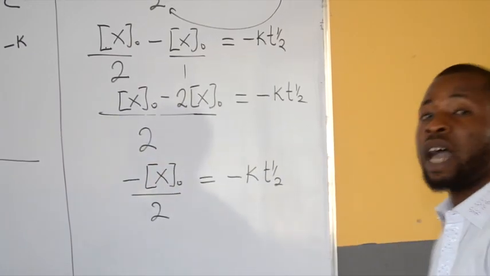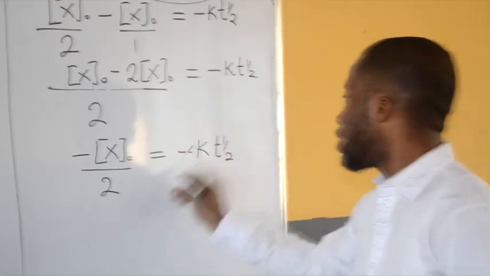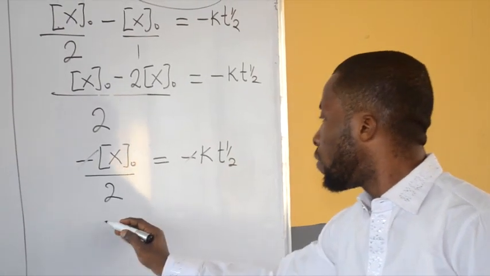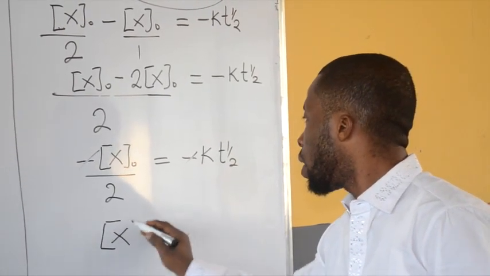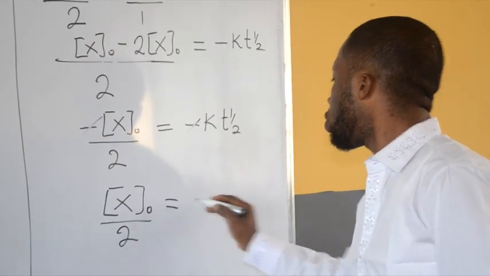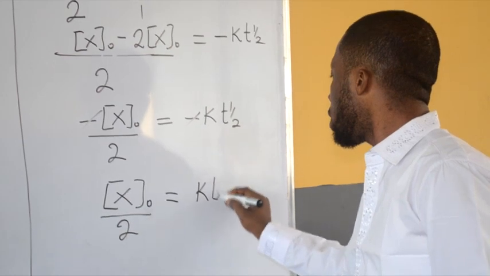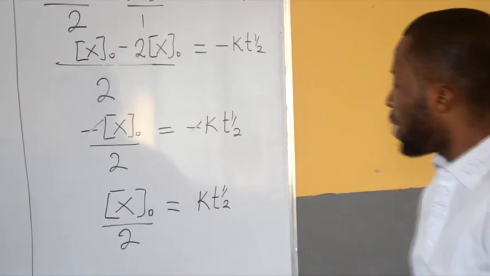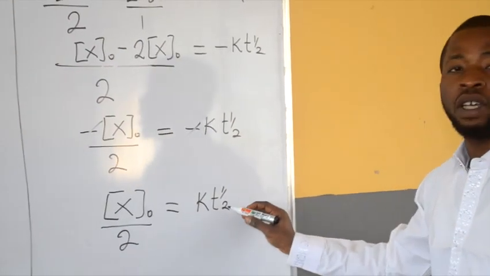When you have negative signs on both sides, they'll cancel out. So you are left with x naught over 2 is equal to k t half. So I can easily make my half-life t half the subject of the formula.